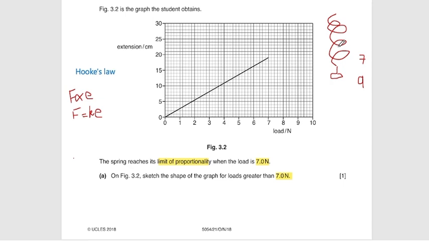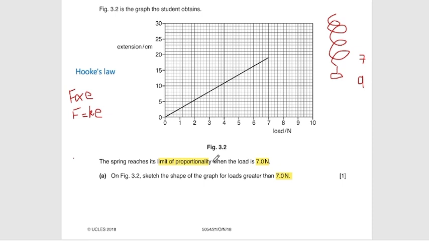It has now gotten permanently deformed. Up to a certain point force and extension are proportional to each other, but after that point has been crossed, they are no longer proportional and the spring will become permanently deformed.